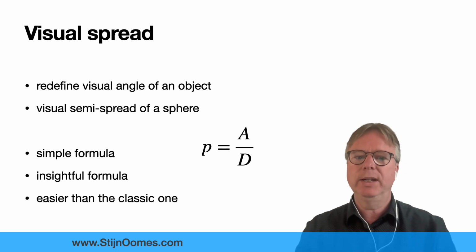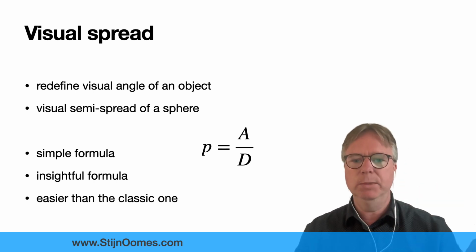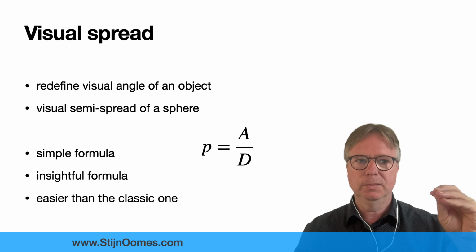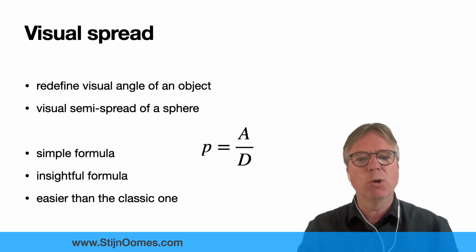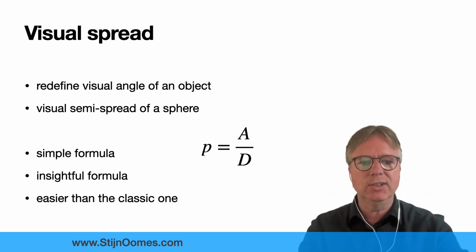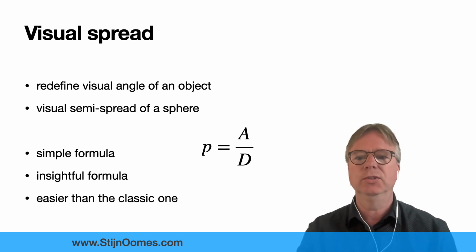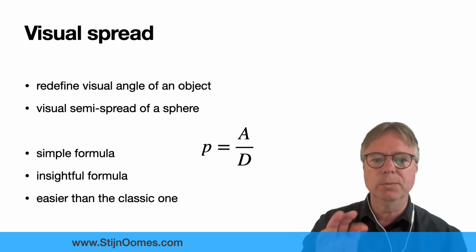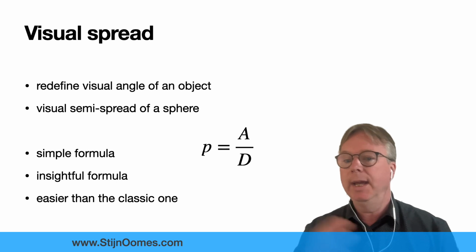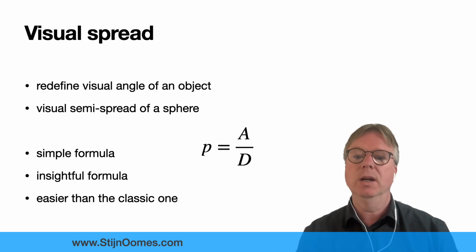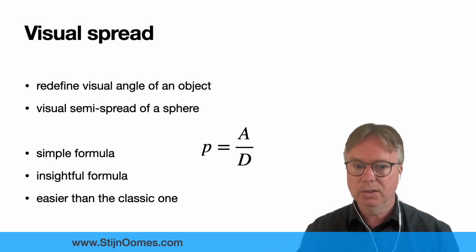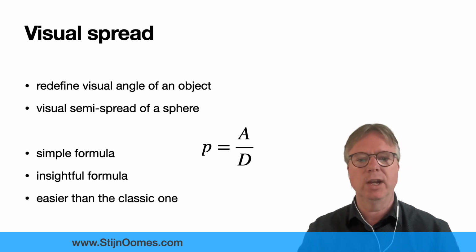So this already teaches you that just from one image, you can only know the proportion of size and distance, but not either one of those. So that gives you some direct insight. And it's, as we've seen, much easier than the classic formulations in terms of arcsine or arctan.